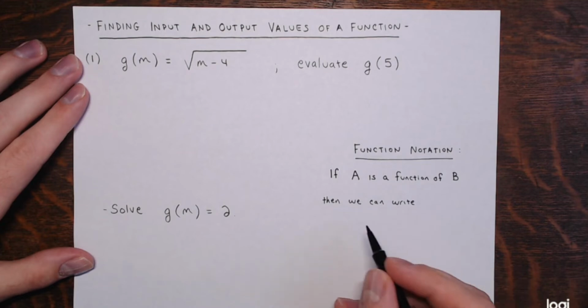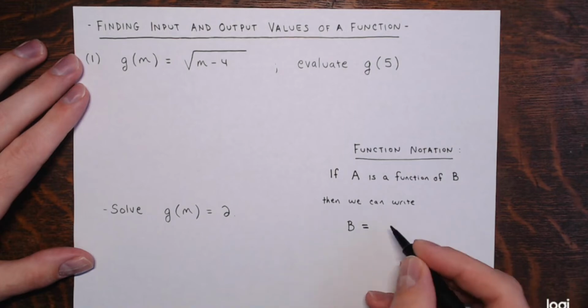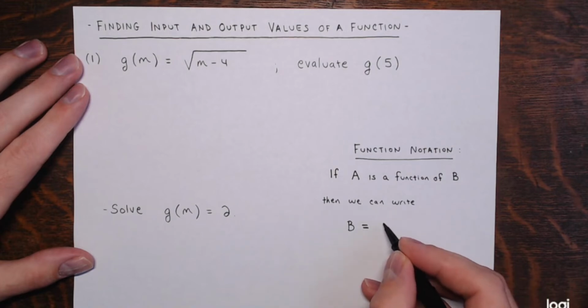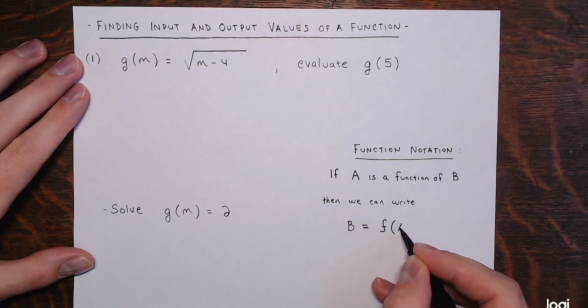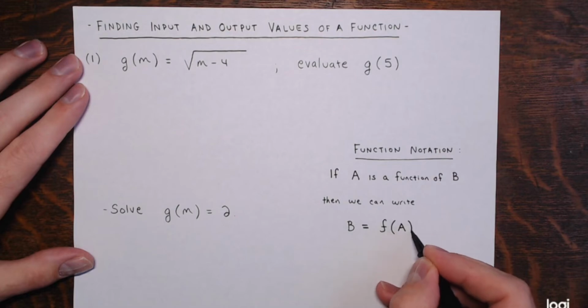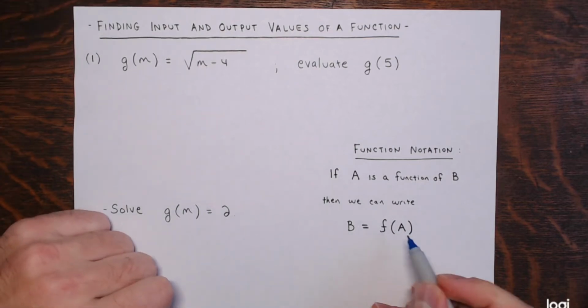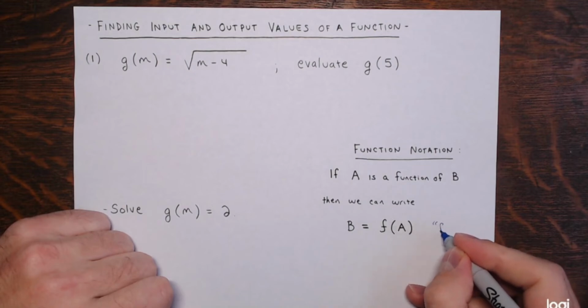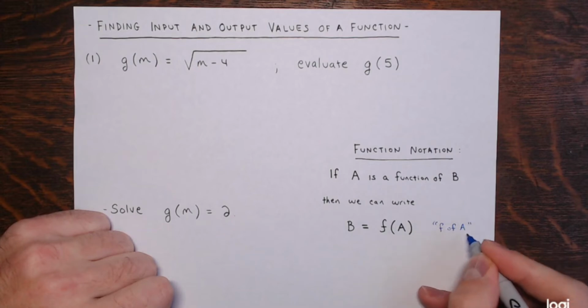We can say that B is equal to a function of A. So let's say like f of A. B equals f of A. This is called function notation right here. This is said f of A, right, if you were saying it out loud, a function f of A.